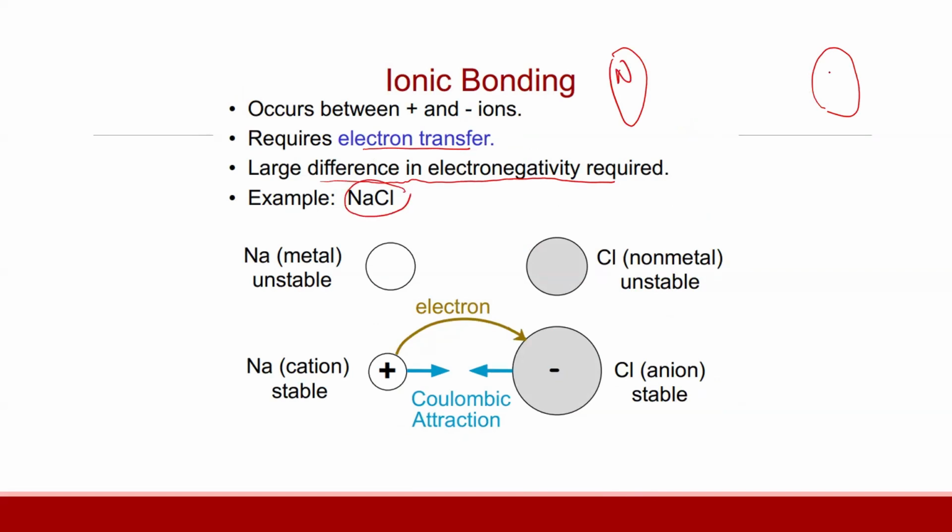Sodium is at this end and the chlorine is at the other end. Sodium gives electrons to chlorine, and chlorine will become negatively charged and sodium will become positively charged. So that is an ionic bond. A positively charged ion we call a cation, and a negatively charged ion we call an anion.